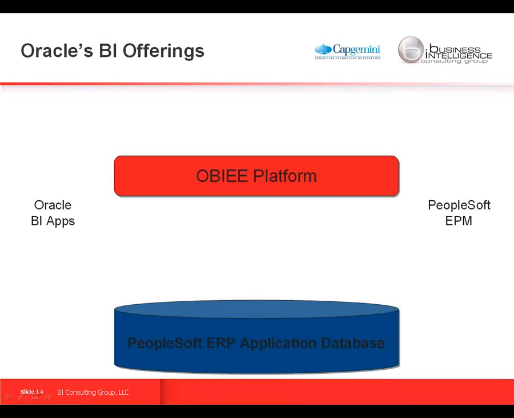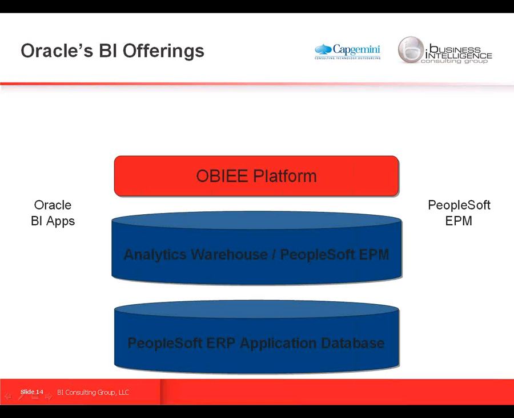Both the BI apps and PeopleSoft EPM deliver a database warehouse. On the BI side, it's called the Analytics Warehouse. In PeopleSoft EPM, it's called the Multi-Dimensional Warehouse component of the PeopleSoft EPM database.